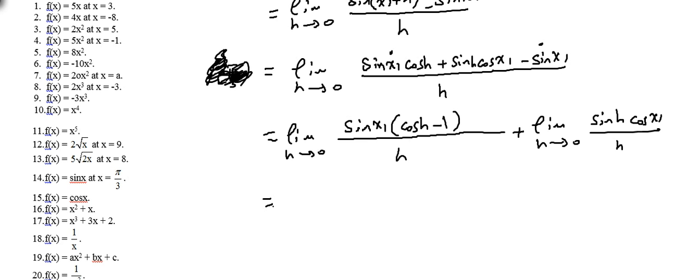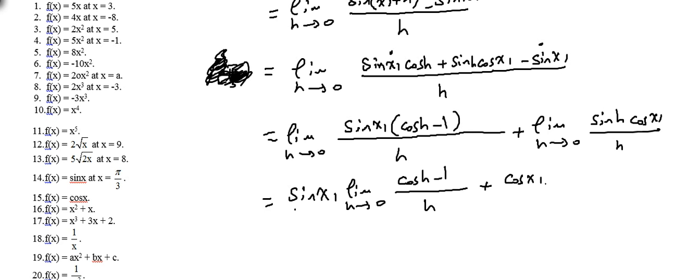Sine x1 we can take outside because x1 here represents a constant, not x. So it's sine x1 times the limit as h tends to 0 of cosine h minus 1 over h, plus cosine x1, which is a constant number, times the limit as h tends to 0 of sine h over h.